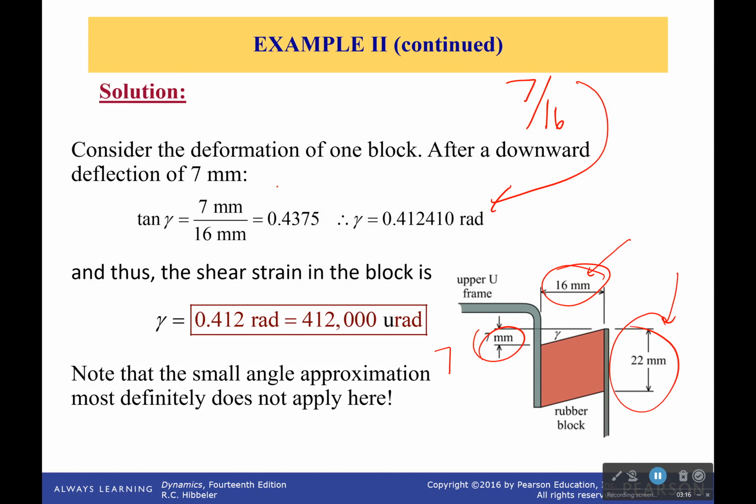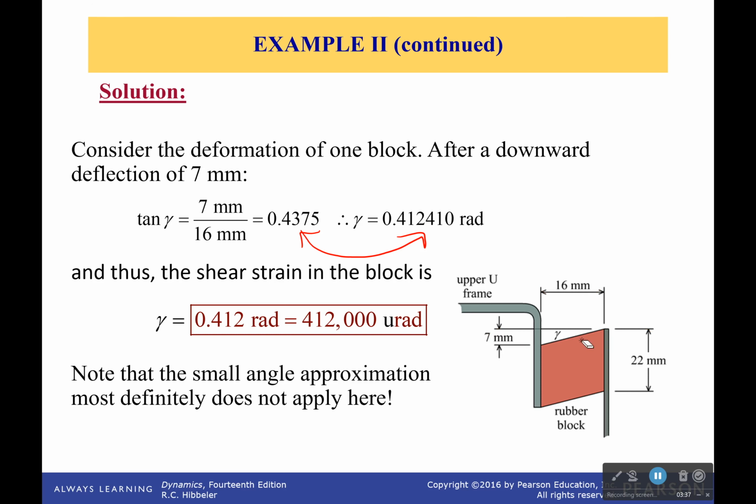Okay. Really should have guessed that. Sorry. And see, there is a significant difference here. They should not be different at all. Okay, now with that in mind, we have calculated the shear strain, which is 0.412 rads or 412,000 microrads.